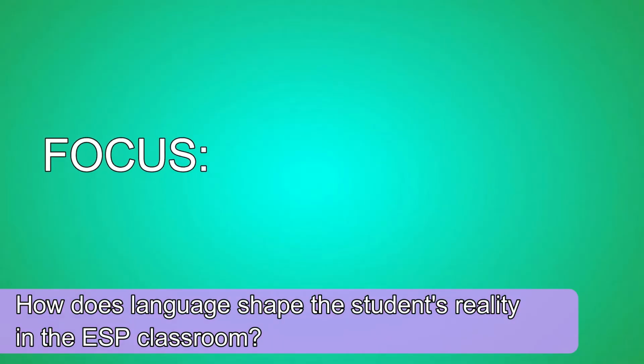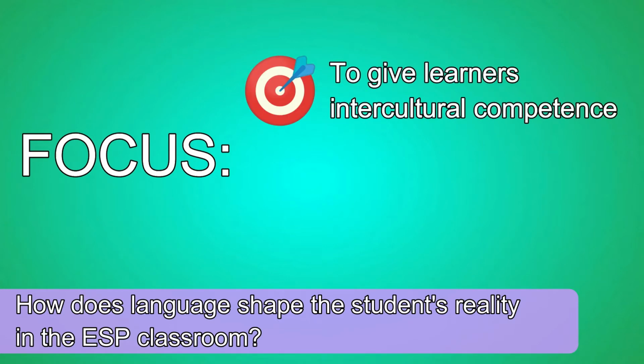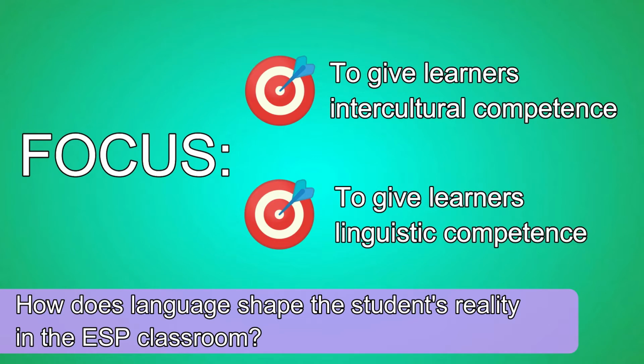That broadens the focus of teaching in the context we are given, having two main targets: to give learners intercultural competence as well as linguistic competence. Since a language can affect one's reality, another language can, indeed, enlarge perspectives and develop new competences added into that already built-up reality.